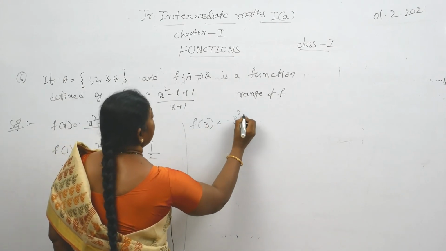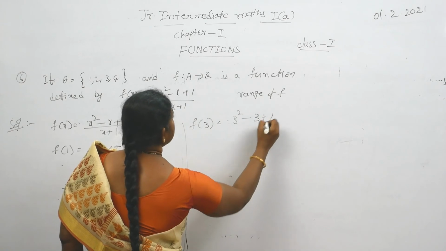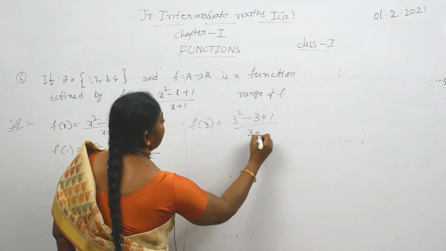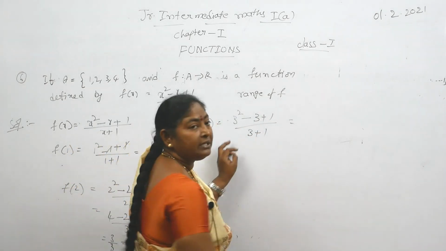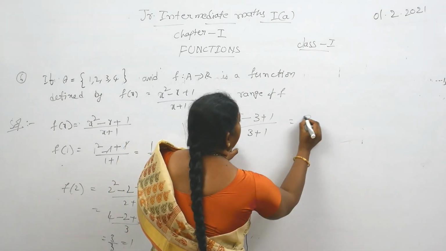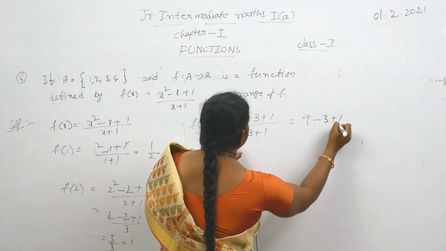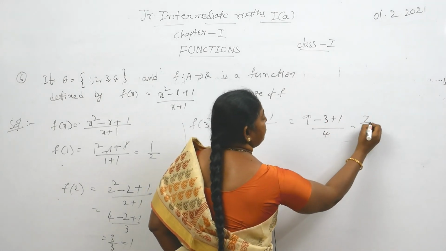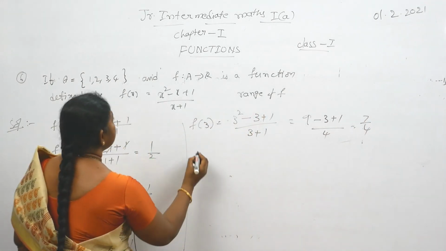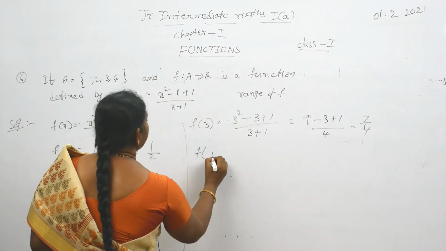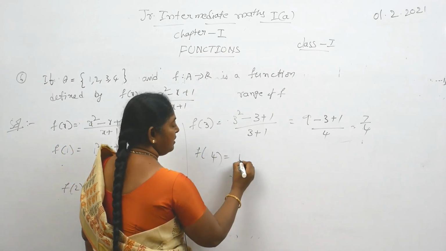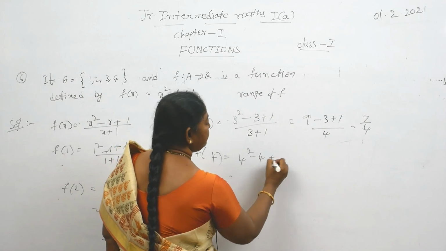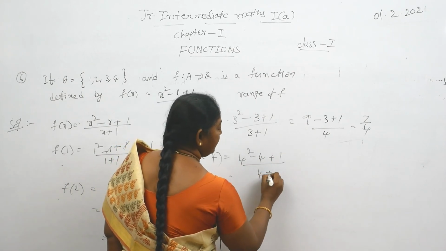Next, f of 3. (3 square minus 3 plus 1) by (3 plus 1). That equals 3 square means 9. 9 minus 3 plus 1 by 4. So 6 plus 1, 7 by 4. Next, f of 4 equals (4 square minus 4 plus 1) by (4 plus 1).